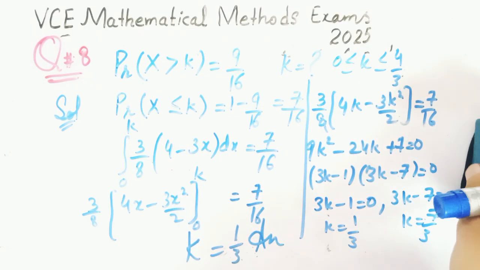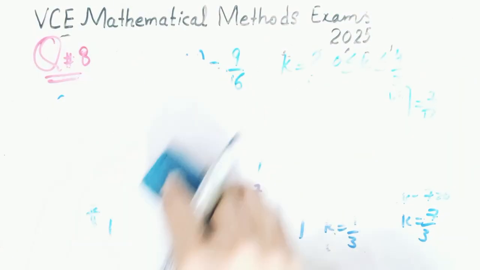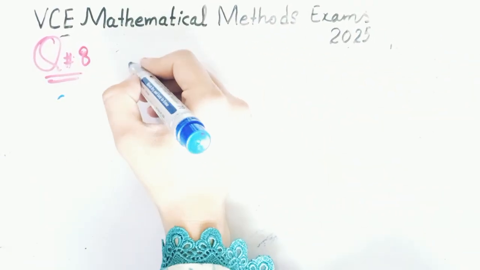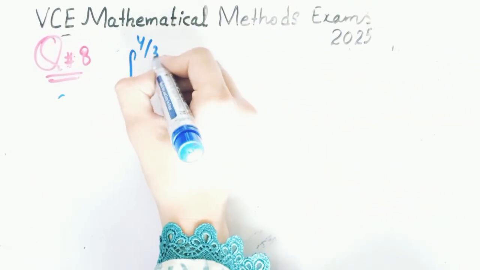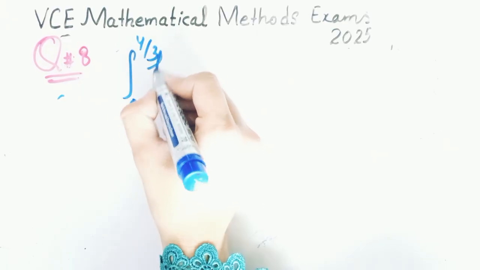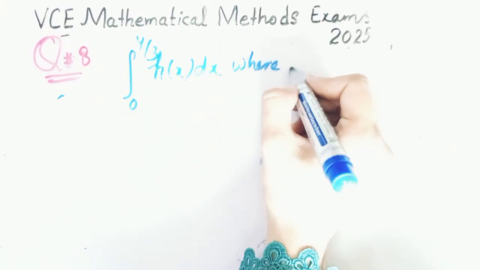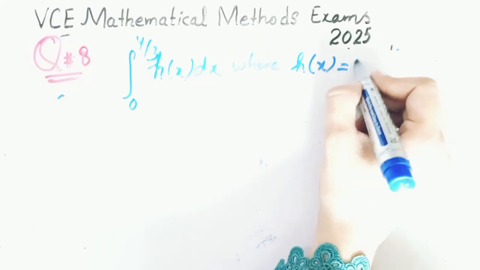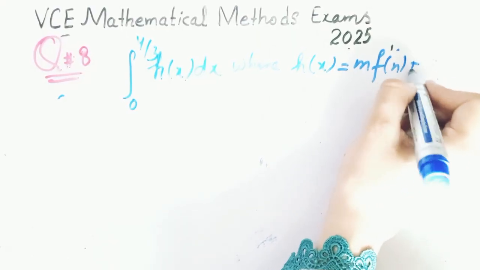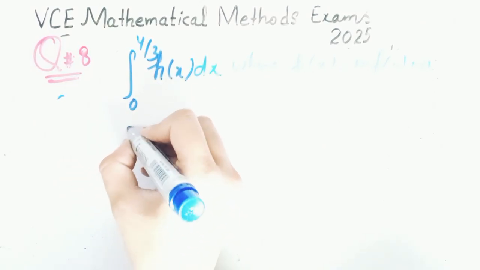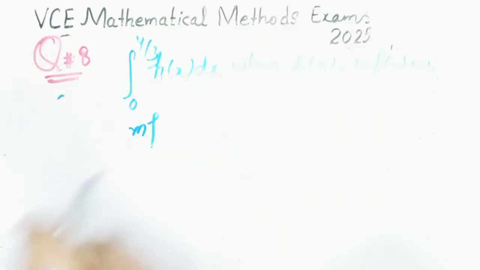Now in the B part of this, he said that integral from 0 to 4/3 of h of x dx, where h of x equals m f of x plus n. Very easy and simple. You have to find this.